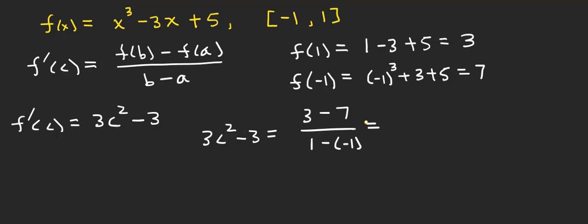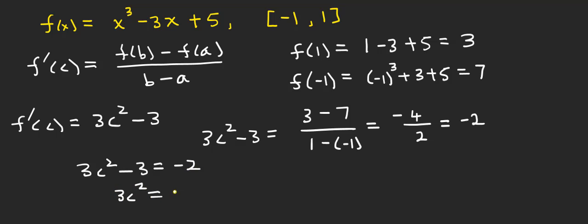And that equals negative 4 over 2, which is negative 2. So we got 3c squared minus 3 equals negative 2. 3c squared is equal to 1. Divide both sides by 3. You get c squared equals 1 over 3.